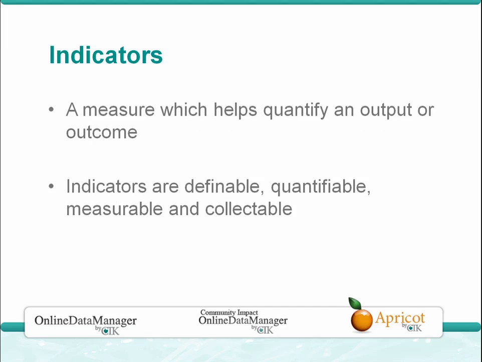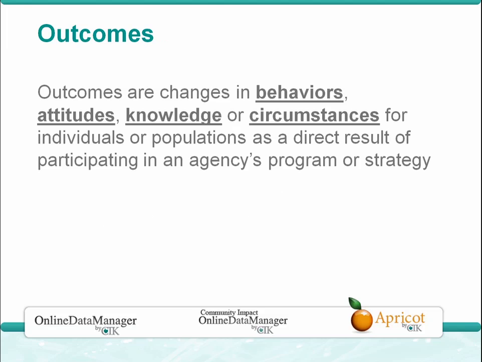And indicators is a measure which helps quantify an output or outcome. So indicators are definable, quantifiable, measurable, and collectible. Outcomes in and of themselves are not measurable. You utilize the indicators to figure out how you're going to measure whether there are changes in behaviors, attitudes, knowledge, or circumstance.